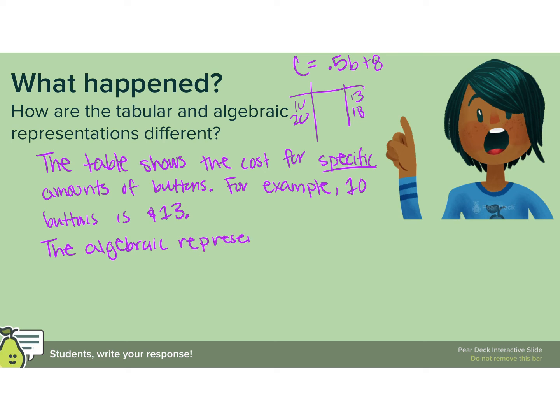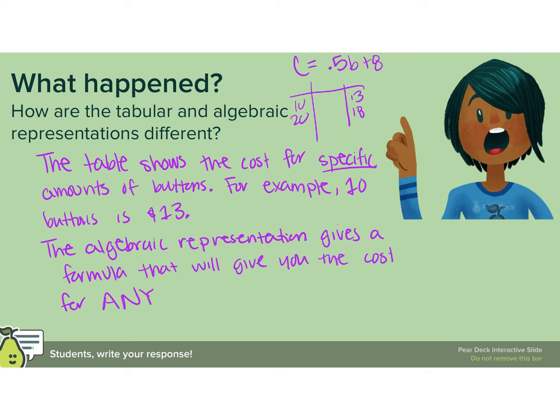The algebraic representation gives a formula that will give you the cost for any amount of buttons. Any amount of buttons. What does that mean?